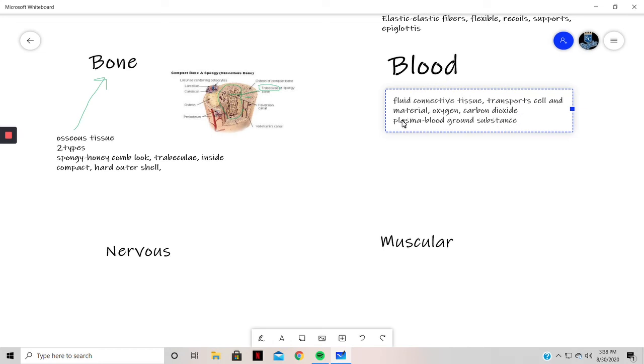So again, it's going to hold the tissue together. It's also going to hold the components together. But if you're not 100% sure, just refer back to your notes on ground substance as a reminder of what that is.